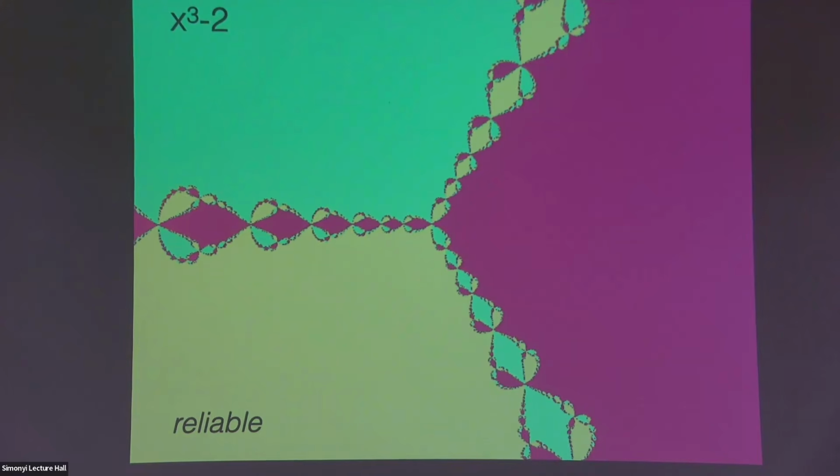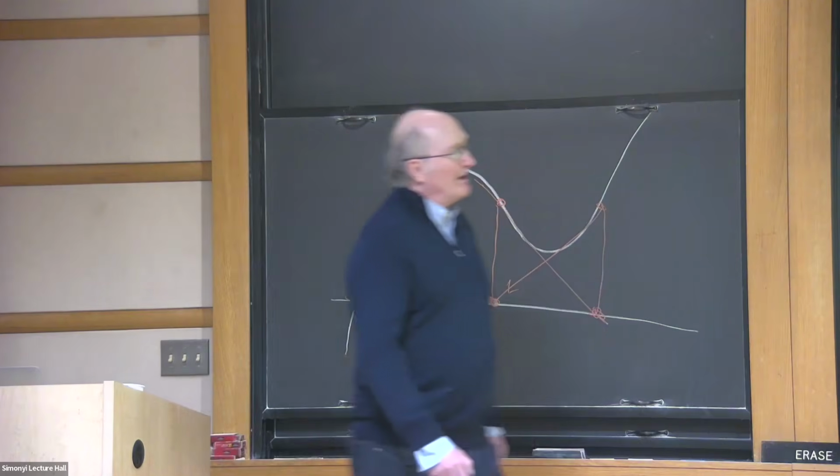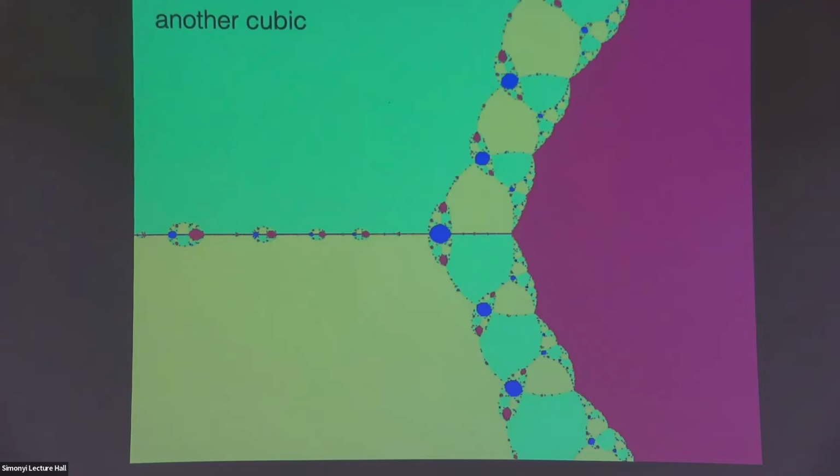Okay, but what about this cubic? So if we change the cubic, this cubic has, I've drawn it backwards, I think, but it has 1 real root and then 2 complex roots. So if you start iterating in the wrong part of the real axis, you may not converge to a root at all. That's what's happening here.